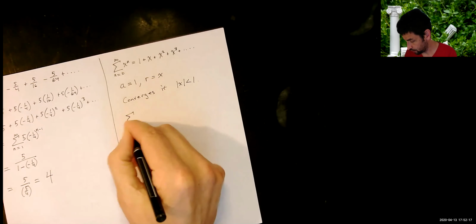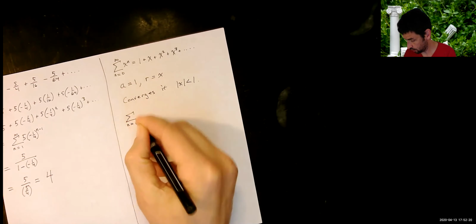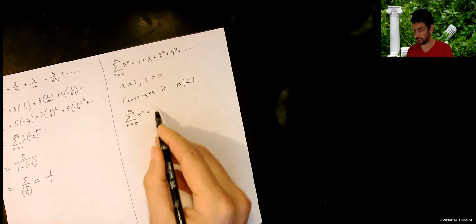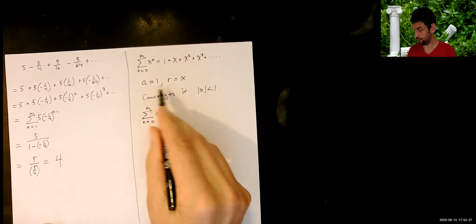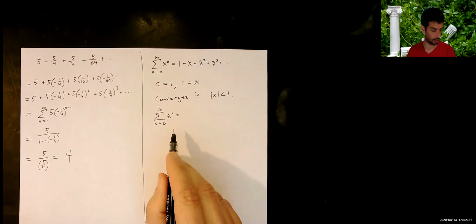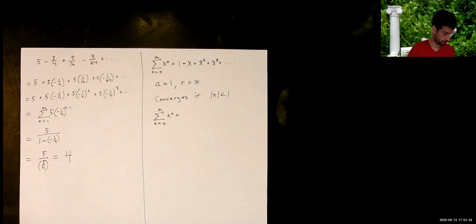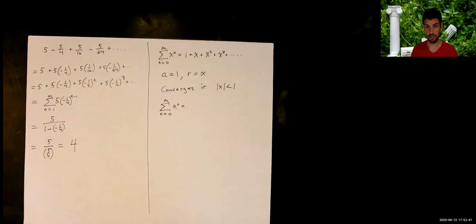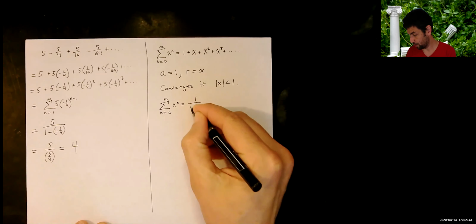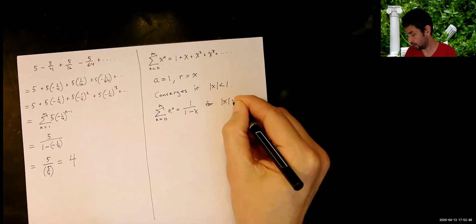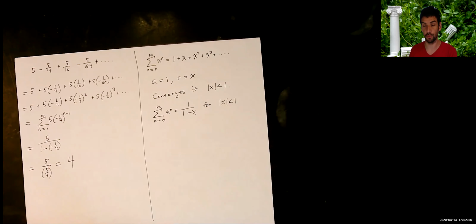In other words, plugging in these values for a and r into my formula, remember the formula for our geometric series, we get a over 1 minus r. In this case, it's 1 over 1 minus x for x between -1 and 1.